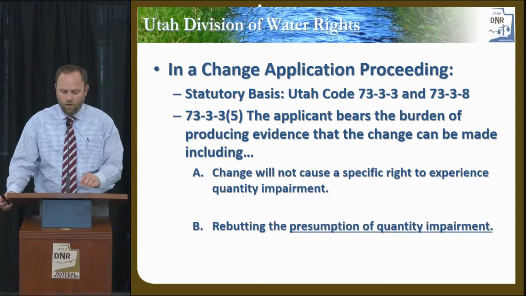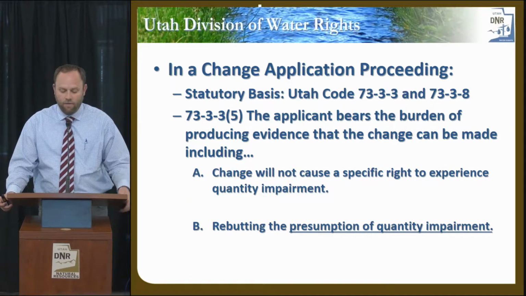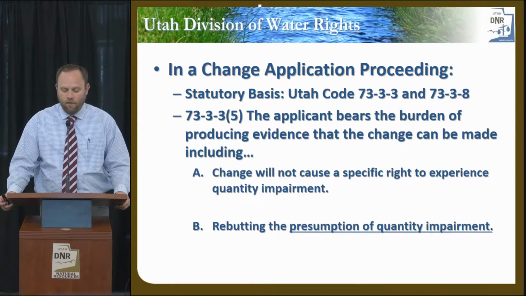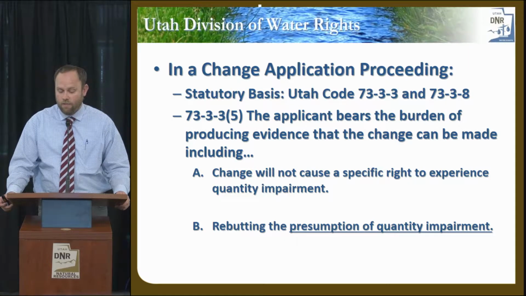And let's break down that phrase a little bit. So first off, under a certain condition, and spoiler, it's non-use, it is presumed that a change application will cause quantity impairment, which is the diminished quantity, change in timing, or an enlarged depletion, okay?